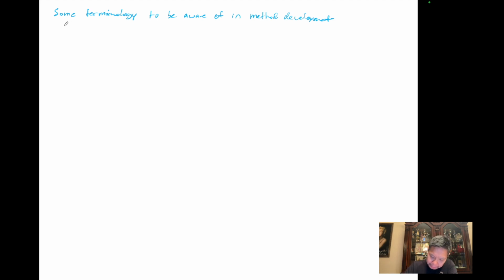So the first type of blank is called the method blank. What is a method blank?